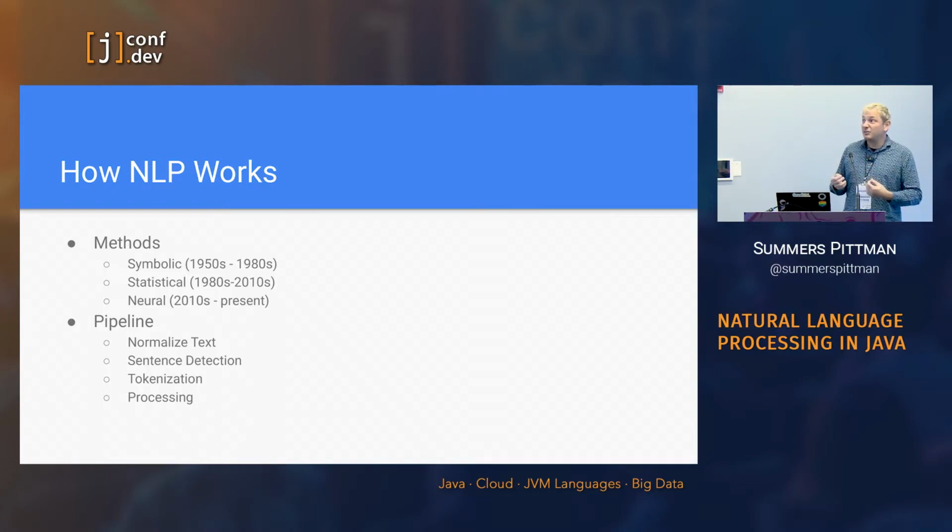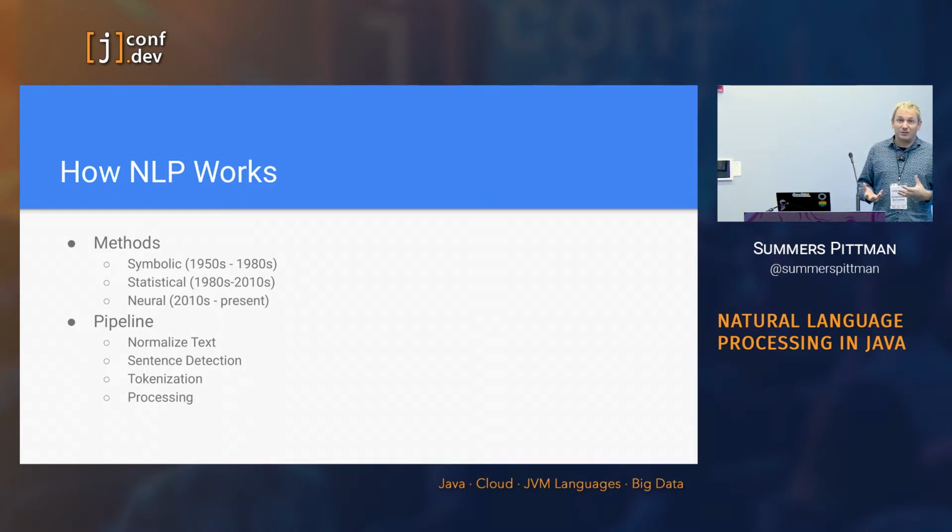We'll get into that a little bit later in the talk. And the current hotness is neural processing methods, which use machine learning and convolutional neural networks. I don't know those, and we're not going to talk about them.